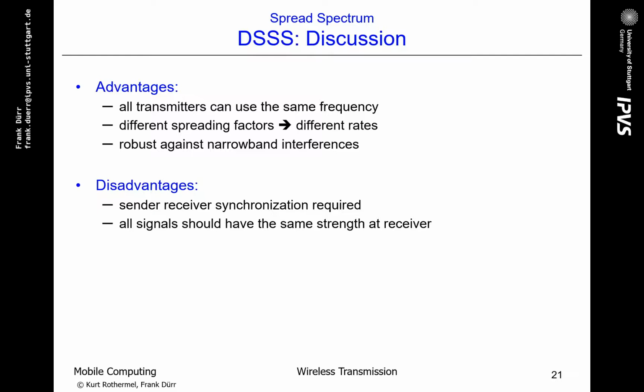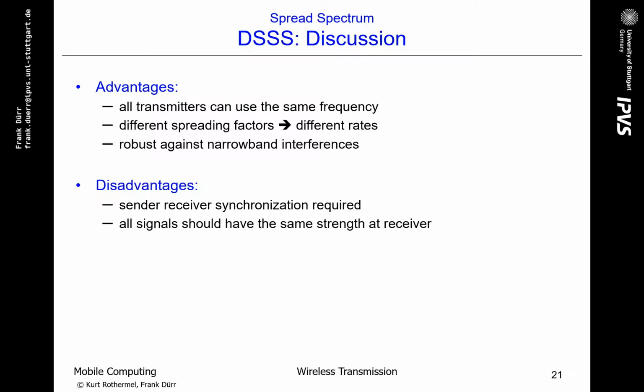You can go to the distributed systems lecture, for instance, and see how such methods actually work. Second thing is, all the signals should have the same signal strength at the receiver side. That means that the different senders need to send possibly with different signal strengths, with different transmission power, depending on their distance to the receiver. Because we have already seen that with the distance, the signal gets weaker and weaker.